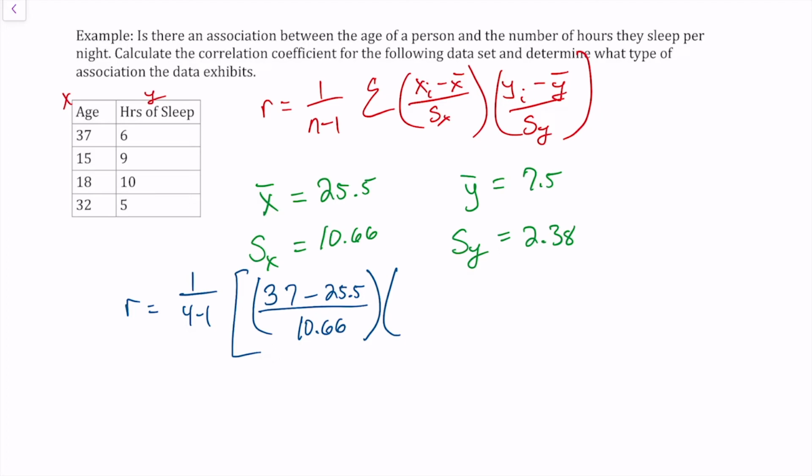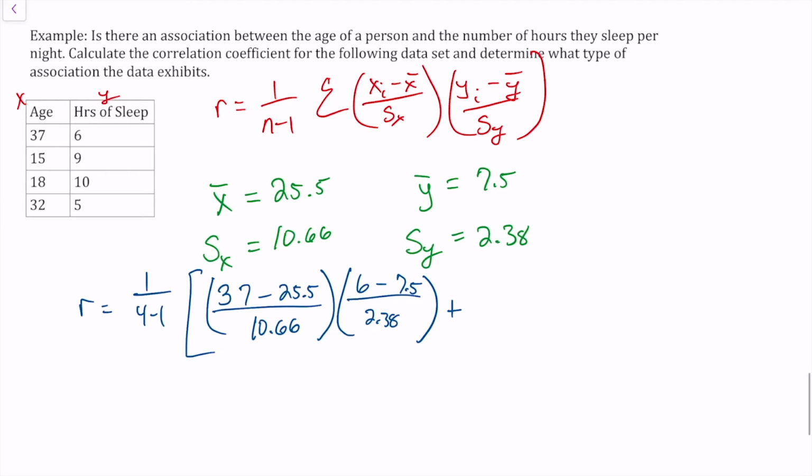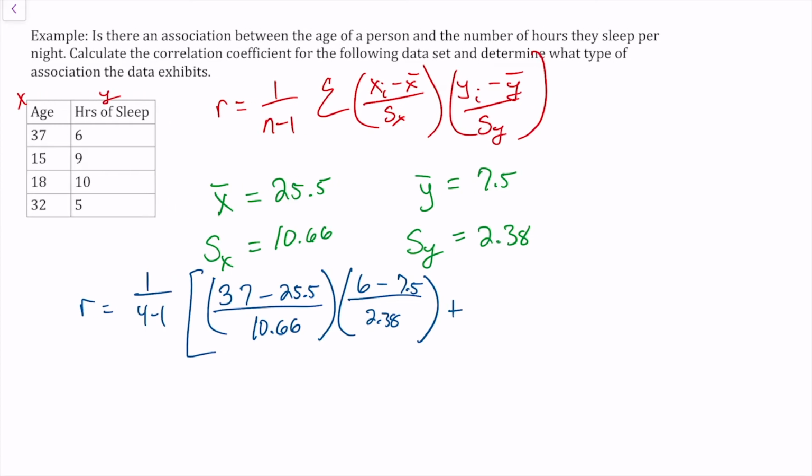Meaning I take my first y value of 6, that's the number of hours of sleep, minus the mean for the y variable, which is 7.5, over the standard deviation for the y's, which is 2.38. Plus, now I move over to the second set of values.